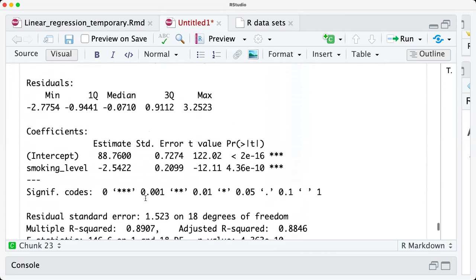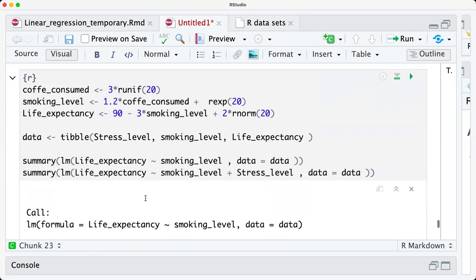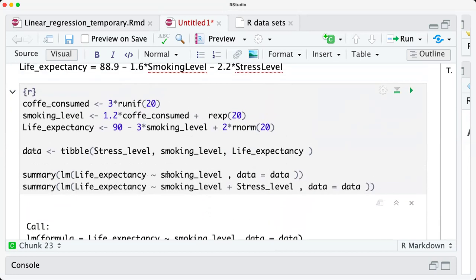Of course, sorry, not smoking level, but now it is coffee consumed.